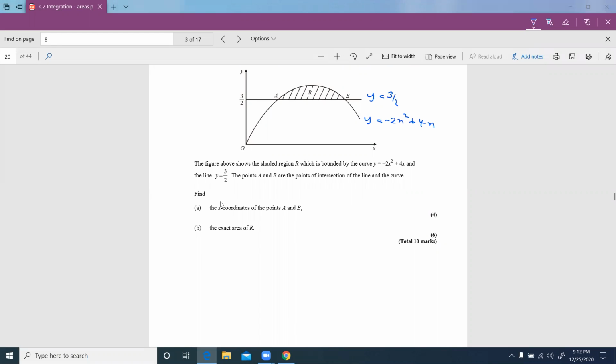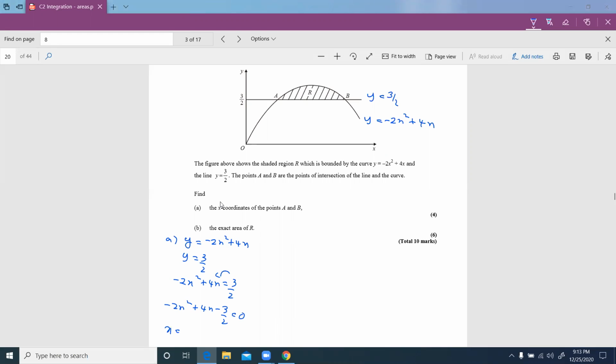Initially you need to find the coordinates of A and B. You have to solve these two equations as simultaneous equations. If you equate these two, you get minus 2x squared plus 4x equals 3 over 2. Bring the 3 over 2 across to form a quadratic equation: minus 2x squared plus 4x minus 3 over 2 equals 0.